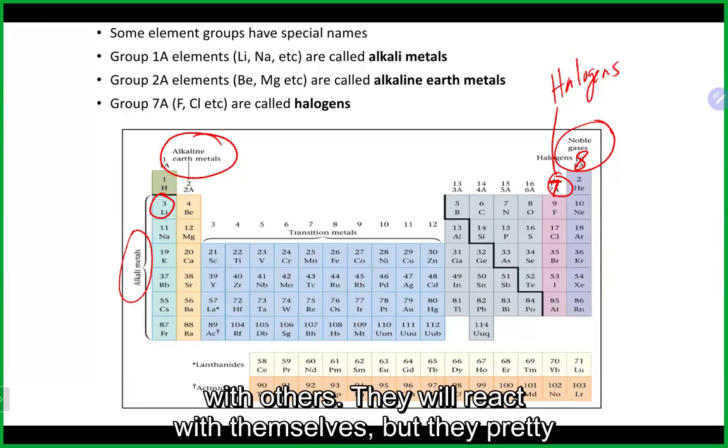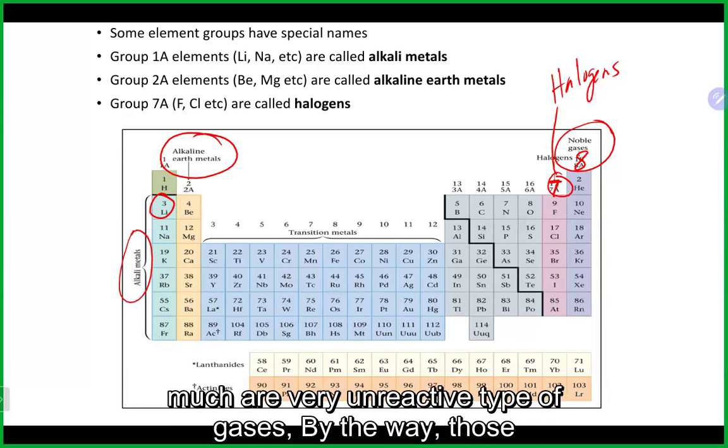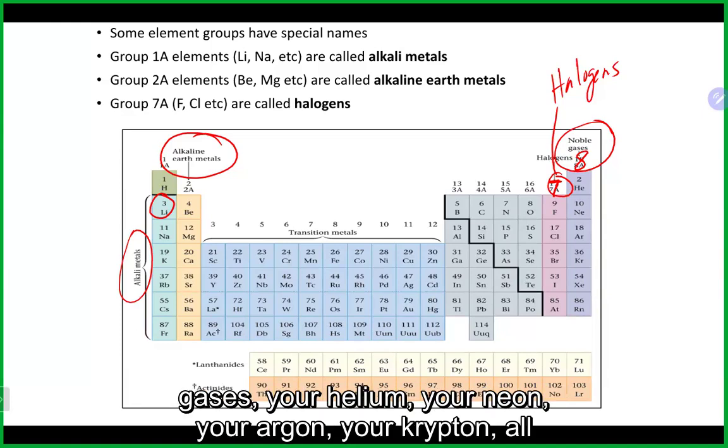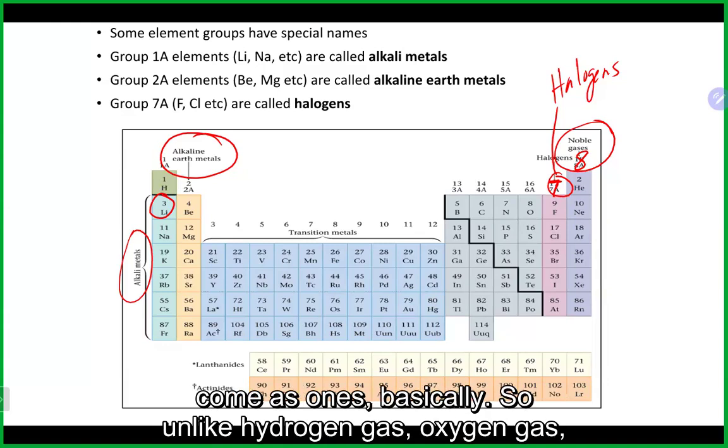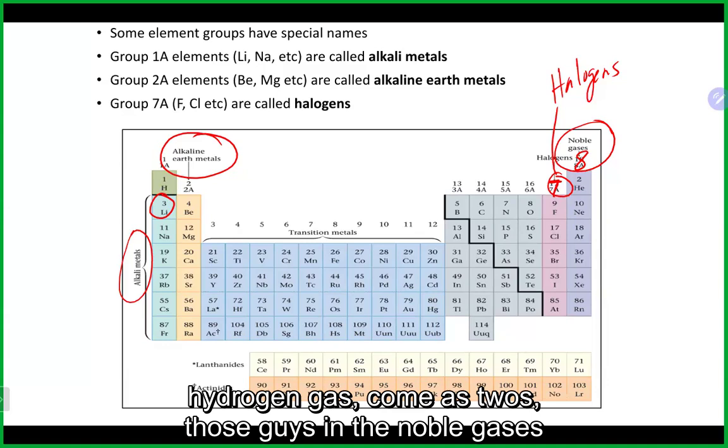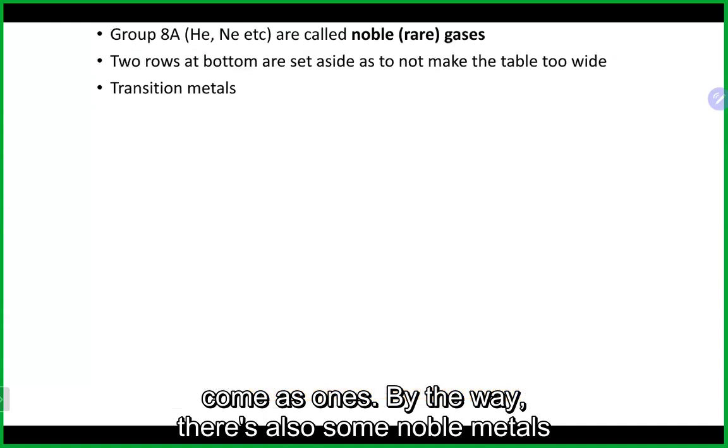They will react with themselves, but they pretty much are very unreactive type of gases. By the way, those gases, your helium, your neon, your argon, your krypton, all your ons there at the end, they all come as monoatomic. They all come as 1s, basically. So unlike hydrogen gas, oxygen gas, nitrogen gas, which come as 2s, those guys in the noble gases come as 1s.